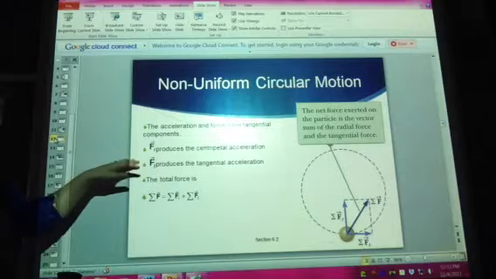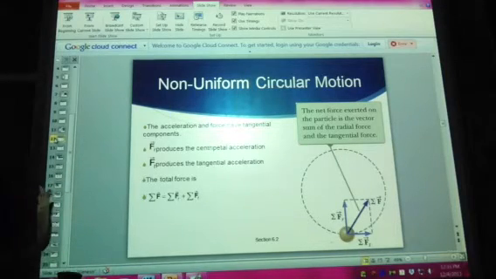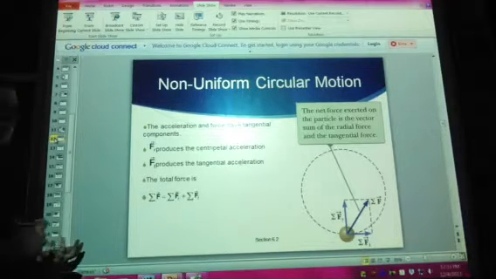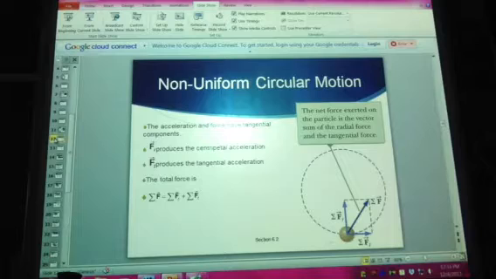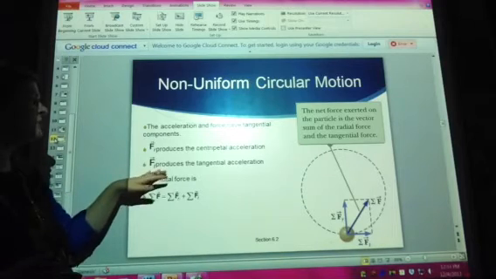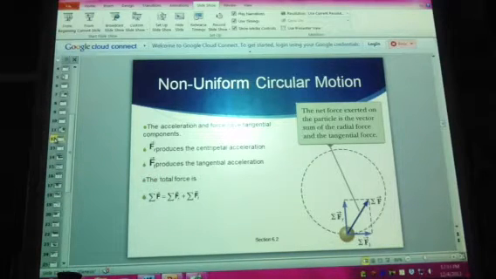We're going to call Fr the force that's producing the centripetal acceleration, so we can think of it as the radial force, which should make sense because my radial acceleration is still mv squared over r. And then my tangential force is what's going to produce the tangential acceleration.